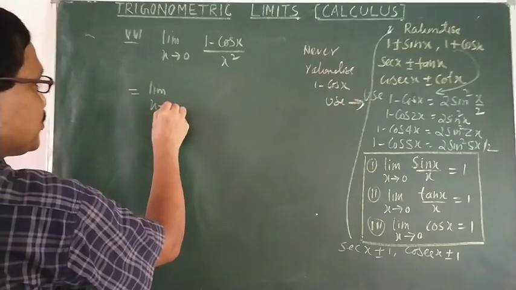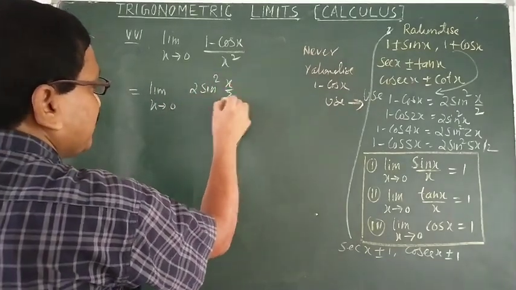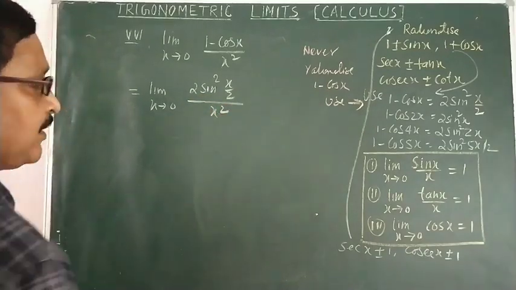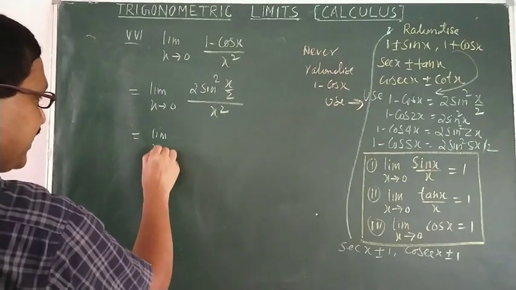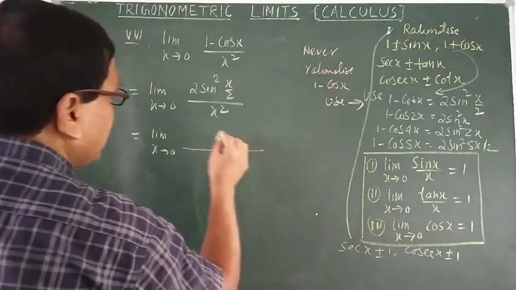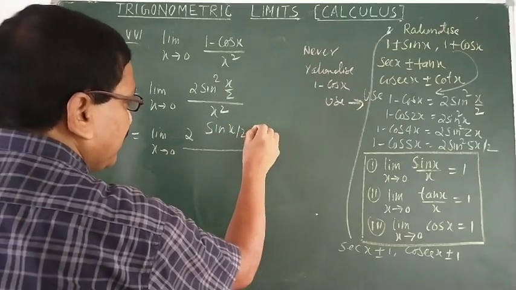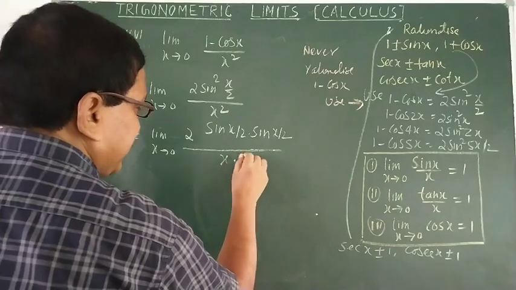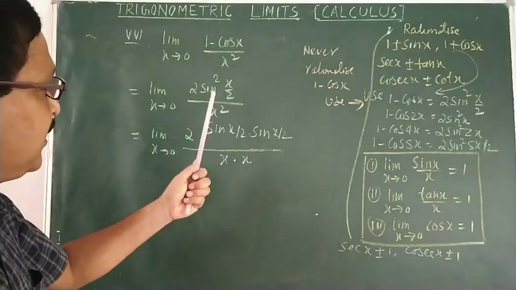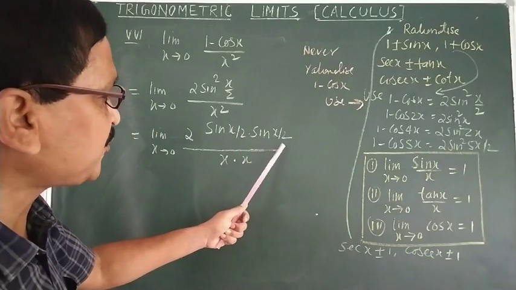Limit x goes to 0, 2 sin square x by 2 by x square. Now move ahead. This is equal to limit x goes to 0, 2 sin x by 2 into sin x by 2 by x into x. We have sin square x by 2, so write sin x by 2 twice.